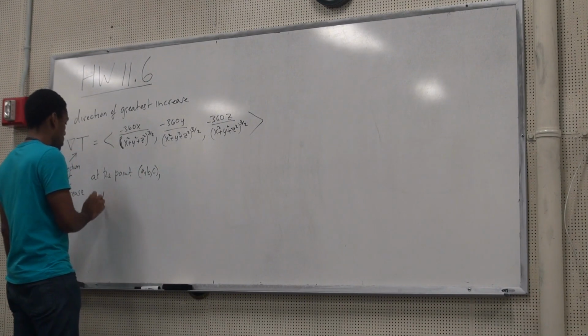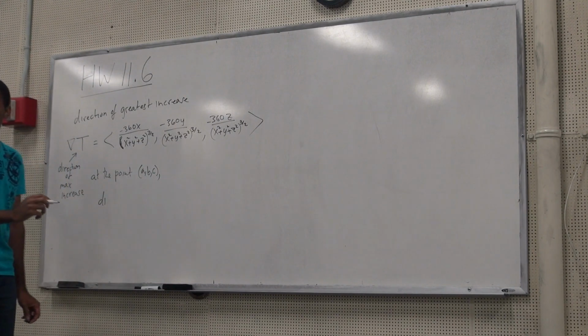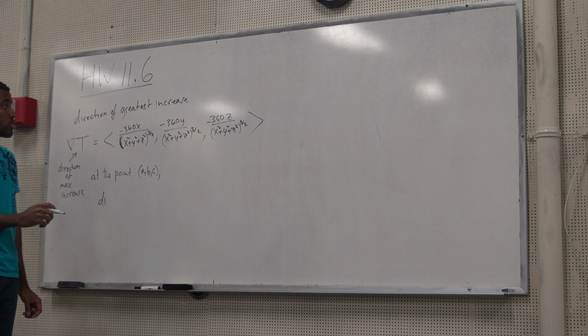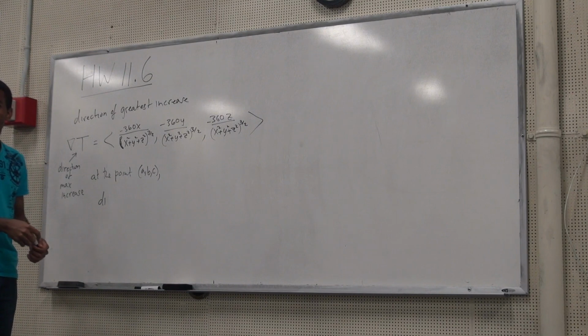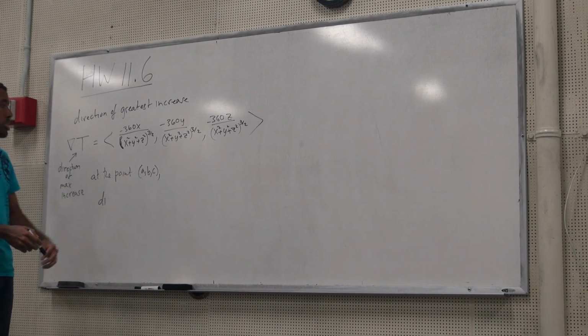Can you just factor out negative 360 and just want x, y, z? I could. Is that good enough? Because it says at any point. Yeah, so I'm saying a, b, c is any point.